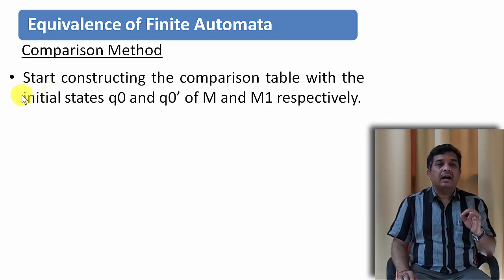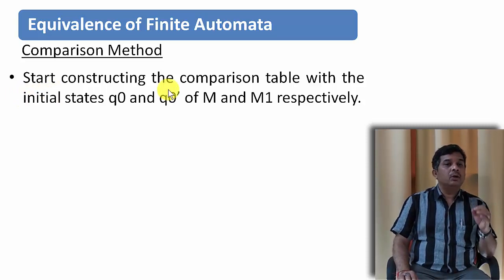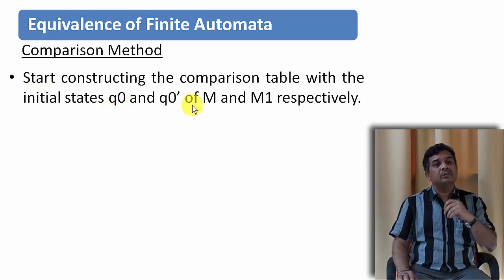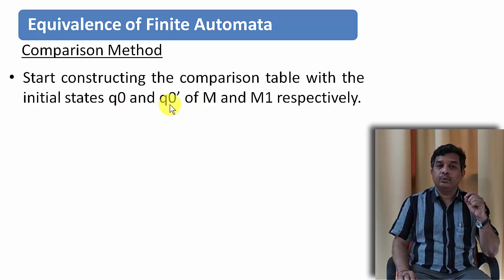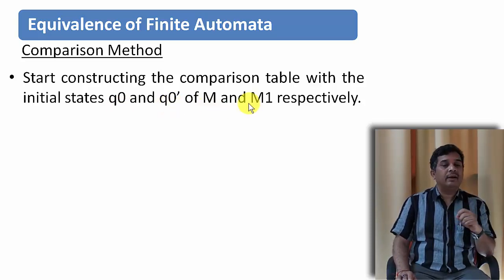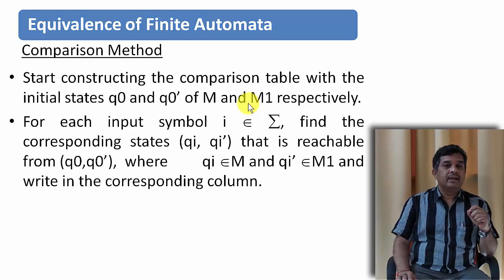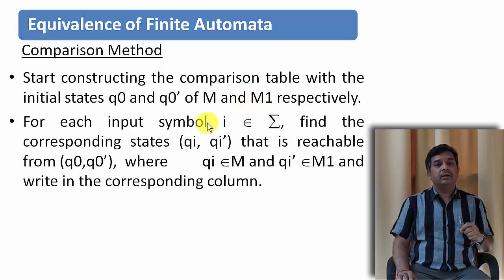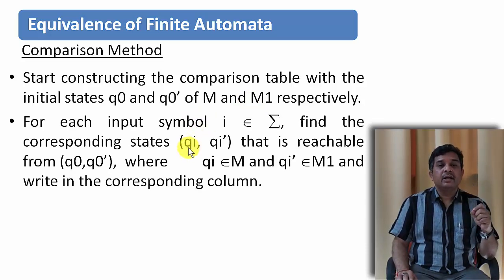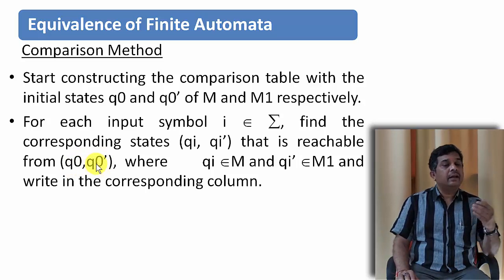So let us say I am defining a transition. Then we start constructing the comparison table with the initial states of both machines. Let us say Q0 and Q0 dash are the initial states of machines M and M1 respectively. For each input symbol, find the corresponding state Qi dash that is reachable from the starting states, and write it in the corresponding column.